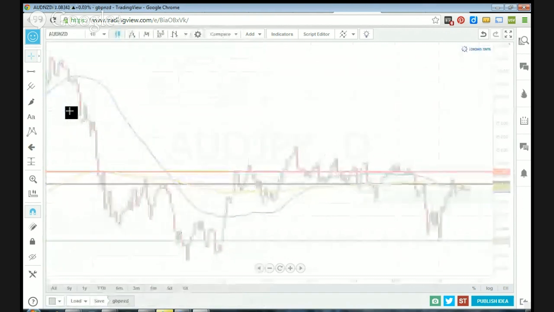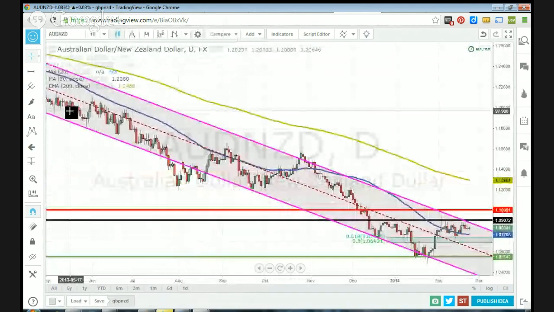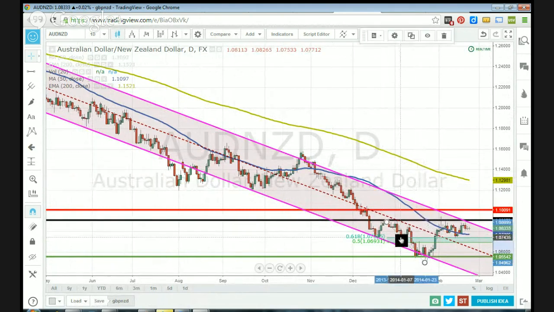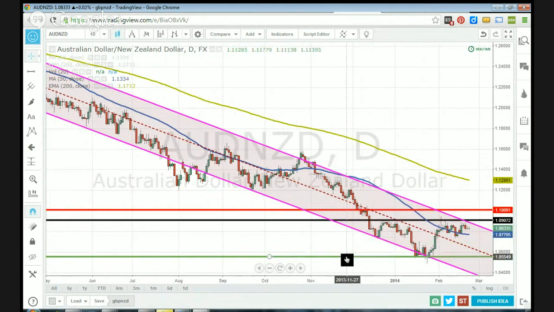Aussie Kiwi. I'm going to delete this Fibonacci because it's not really telling me that much, not really that relevant. We do have that price channel.